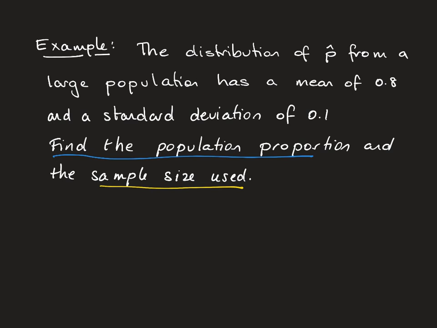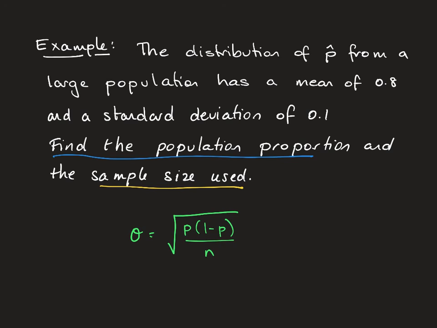So it's really just playing around with your sample proportion formula that contains your population parameter and your sample. So generally the question will give you information around 2 of these and ask you to find the other.